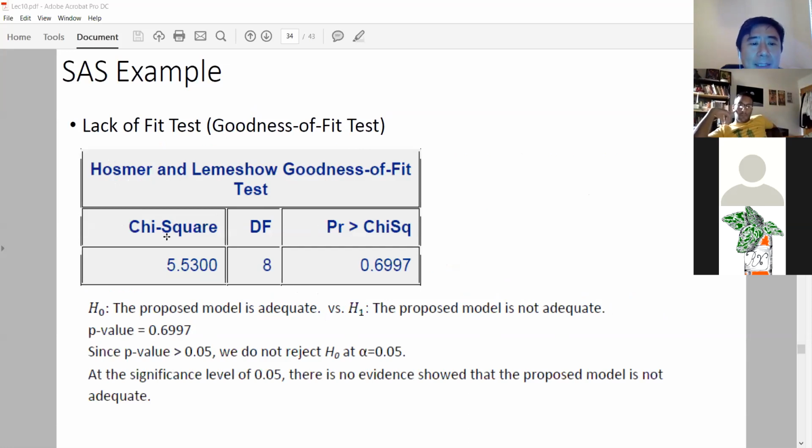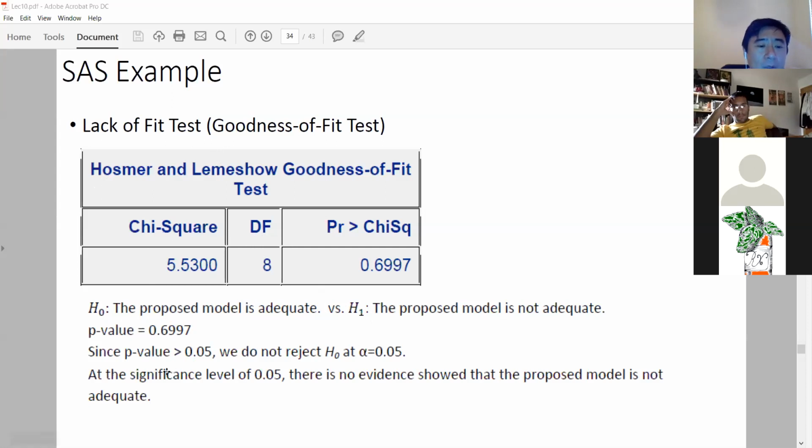But this is testing this model against a reference model, which will have a good fit. So that's the idea of doing this Hosmer-Lemeshow test. And in this example, the p-value is 0.69. The null hypothesis is that the model is adequate, versus not adequate for the alternative hypothesis.